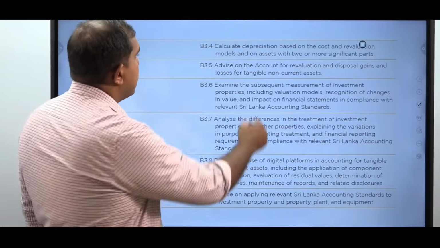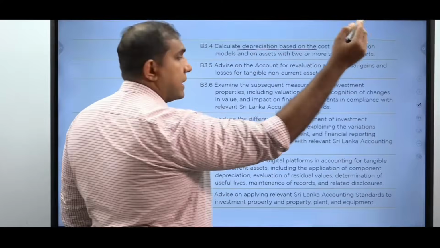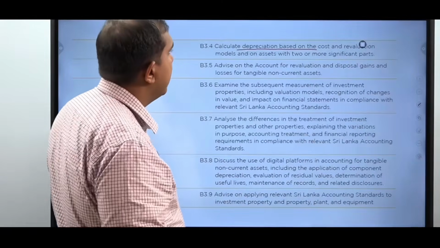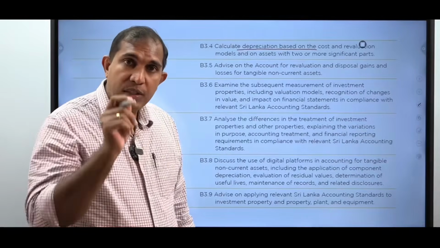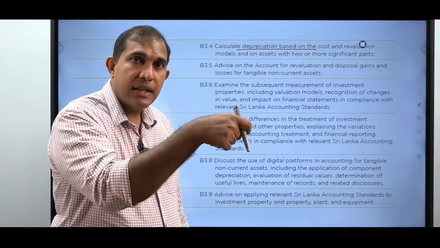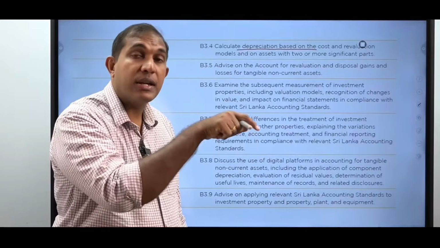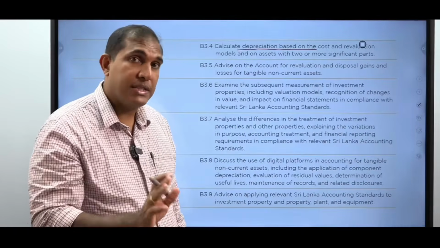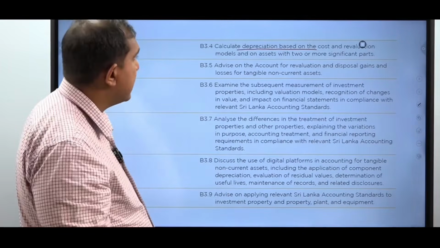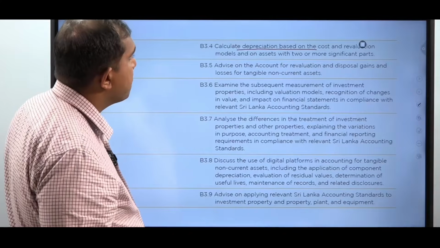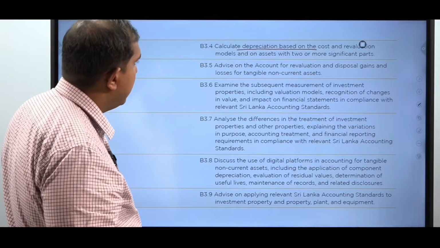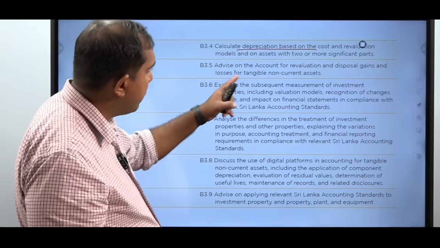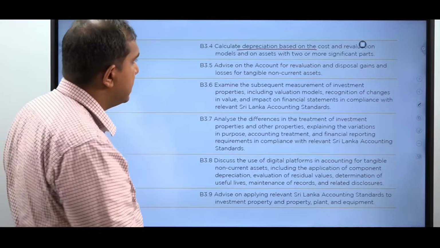Then depreciation, based on LKAS 16, as well as LKAS 40. LKAS 40 connects to LKAS 16 for the revaluation of investment properties as well. So we'll discuss them. Then revaluation, disposal gains, losses. Then examine subsequent measurement of investment properties.